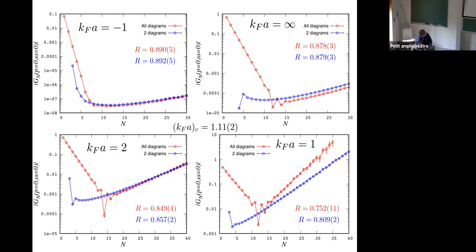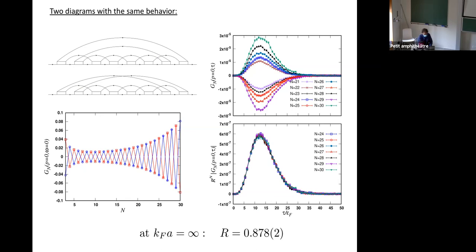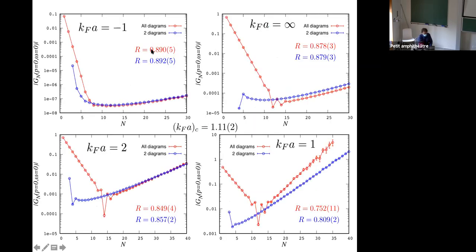Then we were wondering, is this true for all values of kFa? If we go to the polaron side, kFa equal to -1, and we look at how the series diverges, if we take all diagrams or just those 2 diagrams, we see that they diverge in exactly the same way with the same value of R. For kFa infinity, we already saw it.